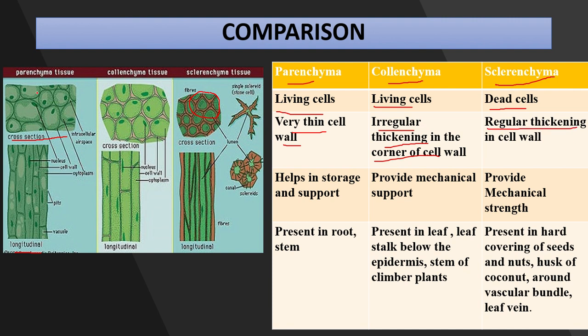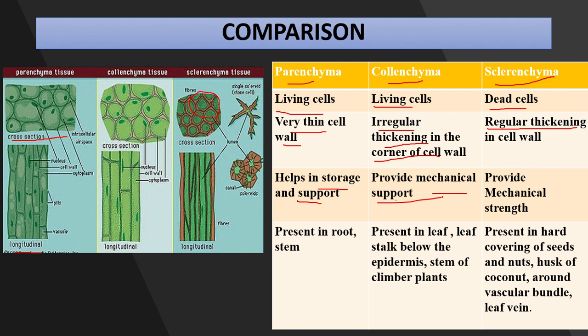As you can see, in parenchyma, as the cells are isodiametric, a lot of intercellular space is present. But in the collenchyma, very little intercellular space is present, or sometimes it could be absent. And in sclerenchyma, intercellular space is absent. Parenchyma helps in storage and support, but collenchyma provides mechanical support.